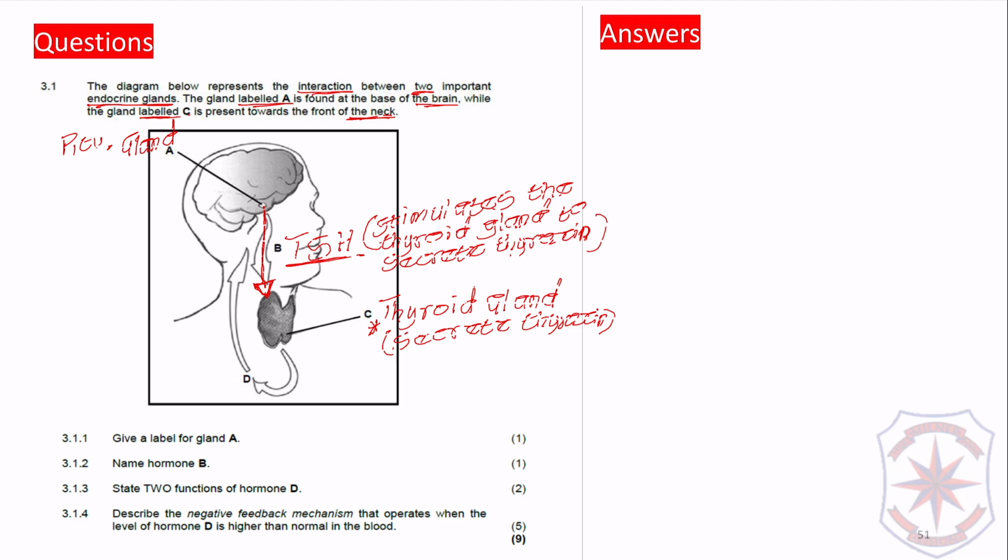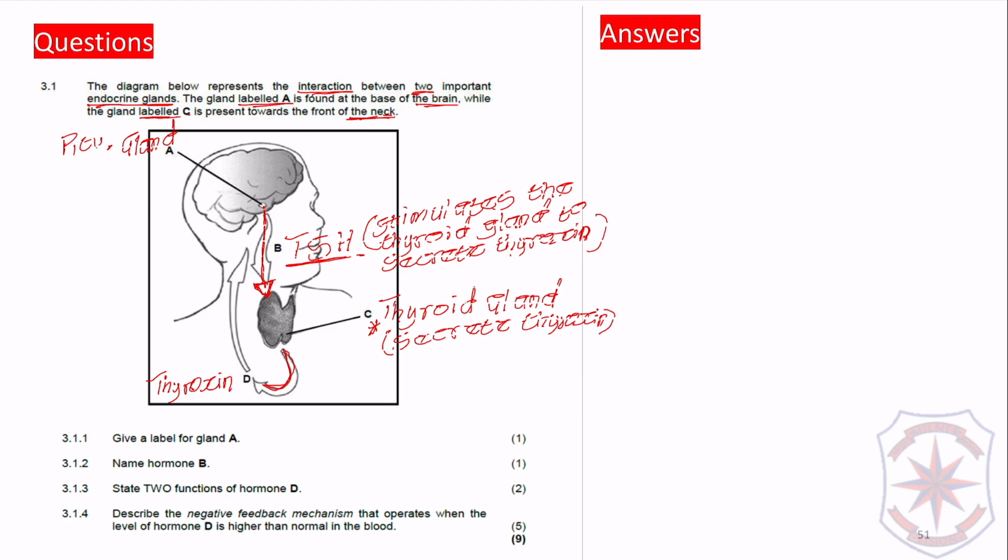Okay, now, when we have too much thyroxin, which is secreted by the thyroid gland, look at this arrow. So D is a hormone, and this hormone is thyroxin.